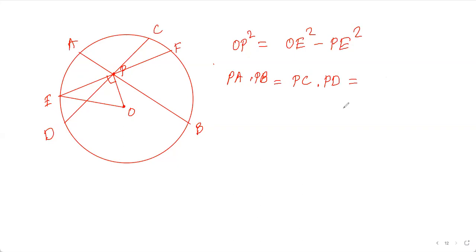This I'm getting from the intersecting chords theorem. But can I also write that this is also equal to PE square? Anyone?